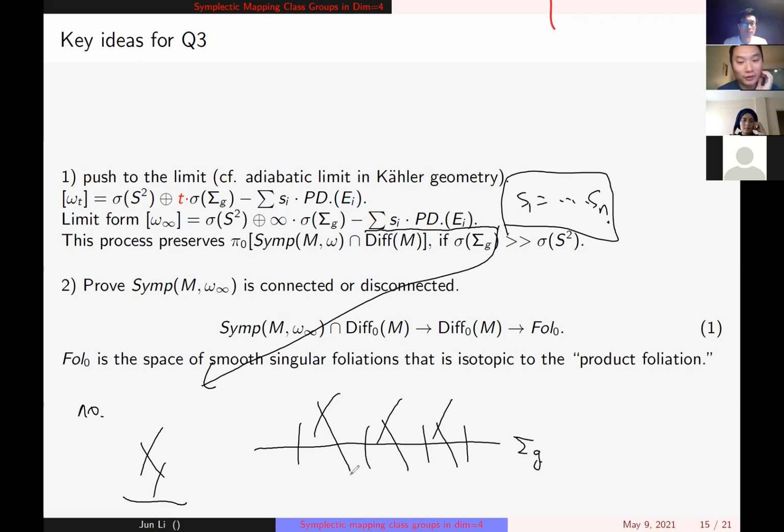Okay, we do have some control here. And that's why we claim there exist some simpler forms. That's our choice of simpler sizes.